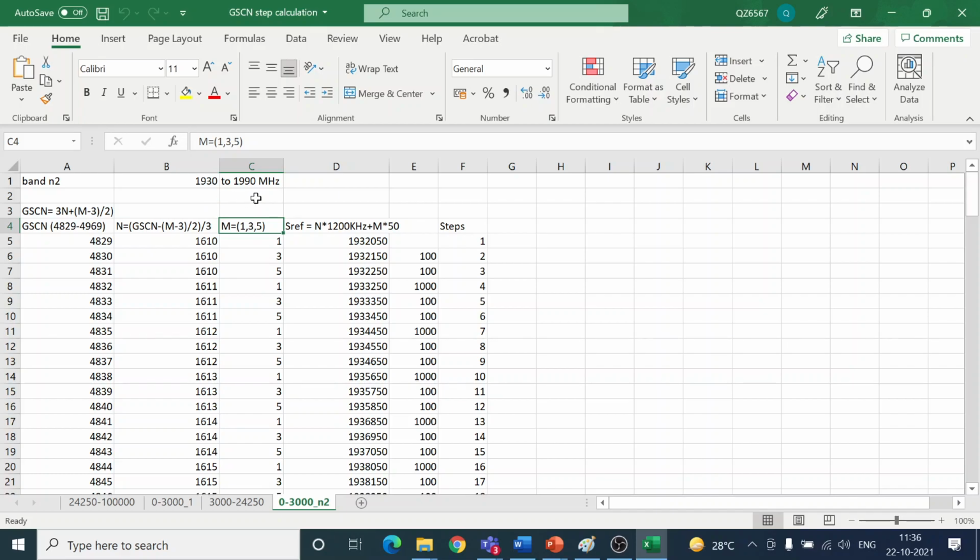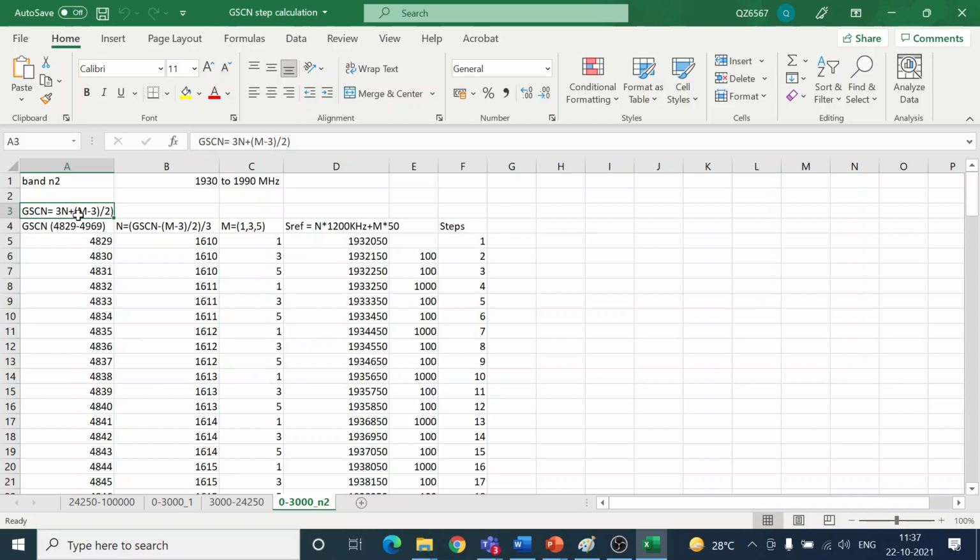It's only a 60 megahertz total band, and the GSCN formula given was 3N plus (M minus 3)/2. The GSCN numbers start from 4829, and there are a total of 140 such GSCN numbers for this band. If you use this formula, GSCN is known and M is known, so you can calculate the value of N. Are you getting me?